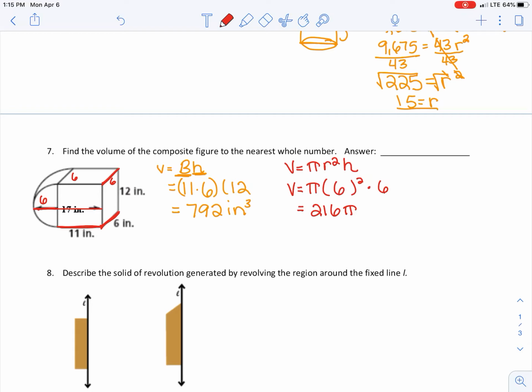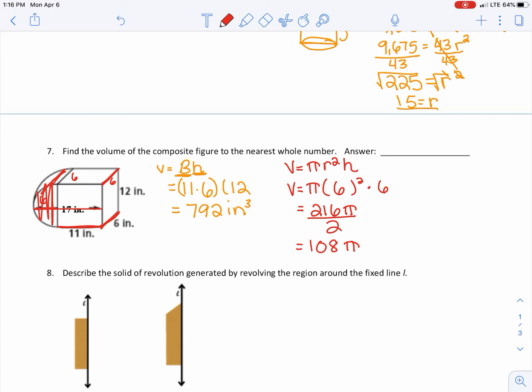Now, the problem is I keep saying area, this is the volume of our entire cylinder, but we only have half of a cylinder here. So I need to take that and divide that by 2, and that leaves us with 108 pi. Okay, so I just took the 216 and divided by 2. So I get 108 pi.